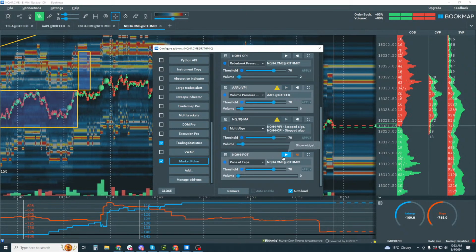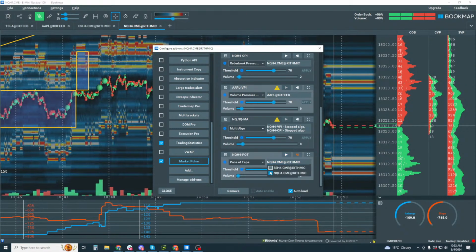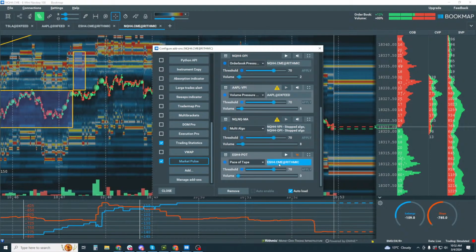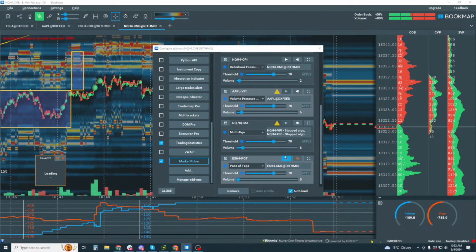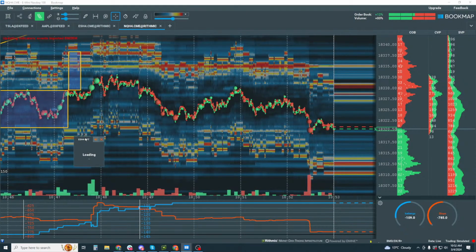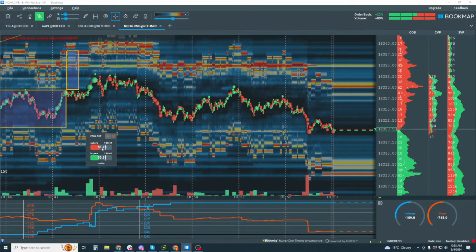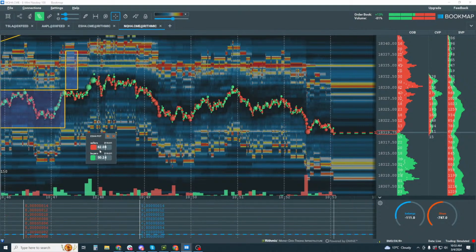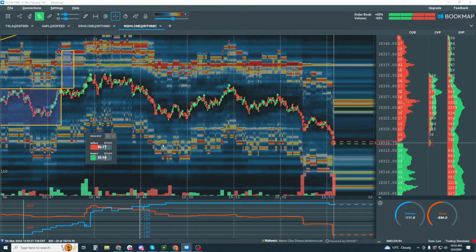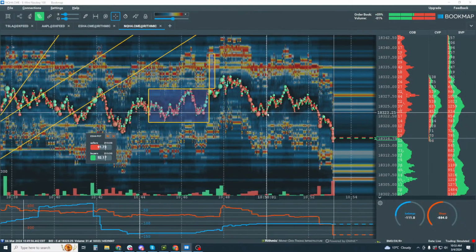Pace of tape. Okay, and this is looking at the pressures and the pace of the orders flowing through.